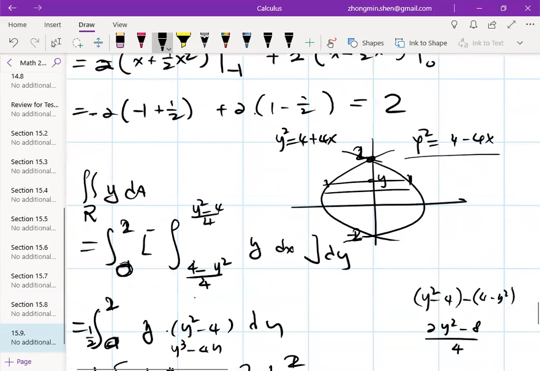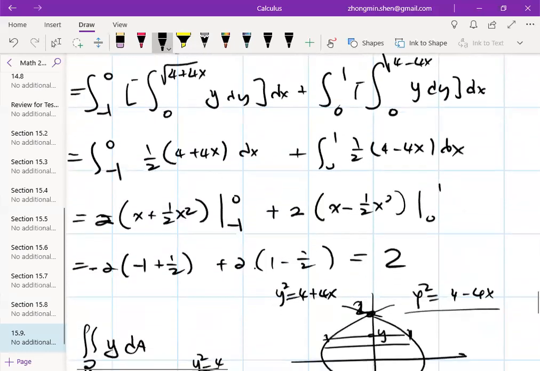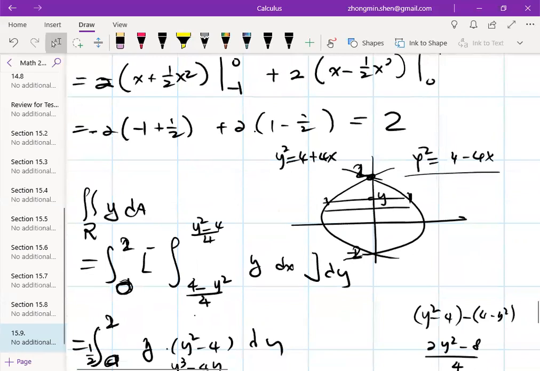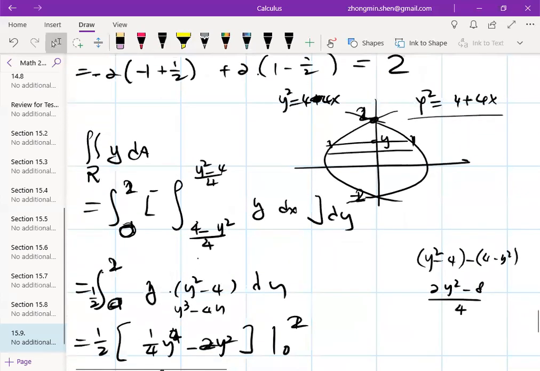Which one is on the top? Which one is on the right side? Let me go back to the equation. You see, there was a mistake here. This is the curve on the right, and here's the negative. So that means I have to switch the order. The screen is too small, sometimes I cannot go back to look.